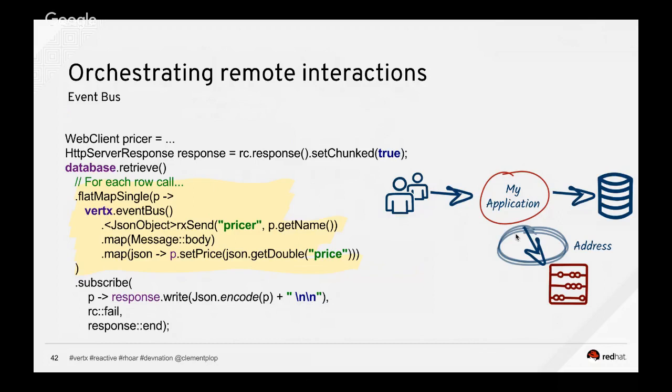It's the same type of interaction, except that we don't hard code the URL, we just use an address, and we can have one instance or X instances of my pricing service. It's fine, everything is fine, and the rest of the code stays unchanged.